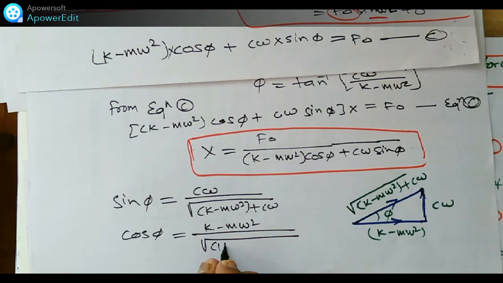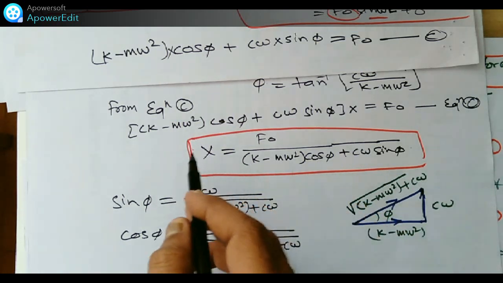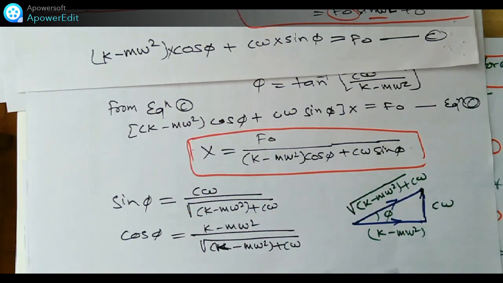These two values we can obtain from this. Now we have to go further. Up to this equation we have got. From this we can again solve the equation using two methods, the analytical method and the graphical method. First we go for the analytical method, and after that in the second video we'll see the graphical method.